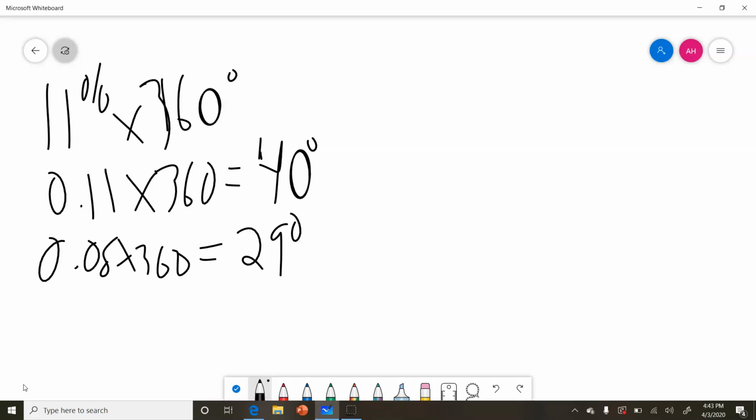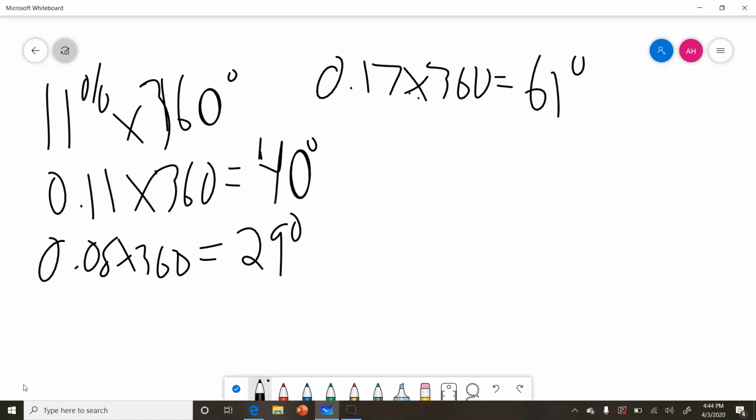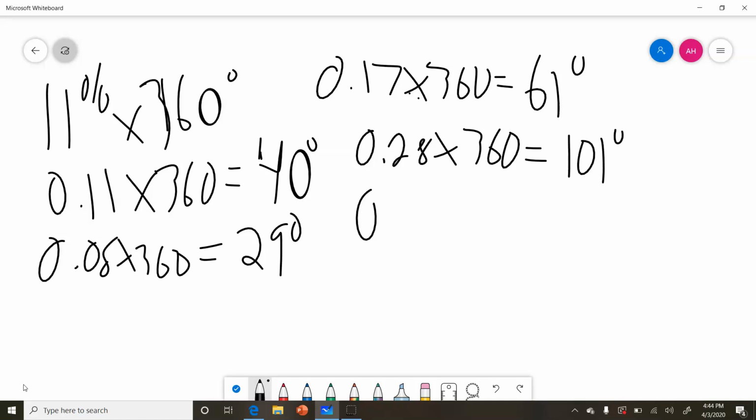Then for the next one, 17%, 0.17 times 360, we get 61 degrees. For 28% times 360, we get 101 degrees. Then for the 3%, we're not going to get very much times 360.